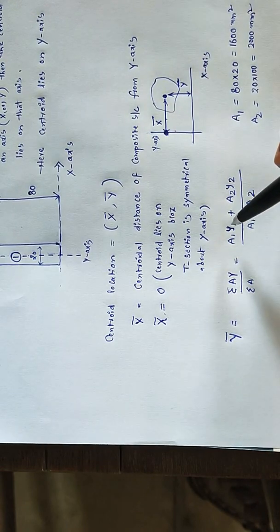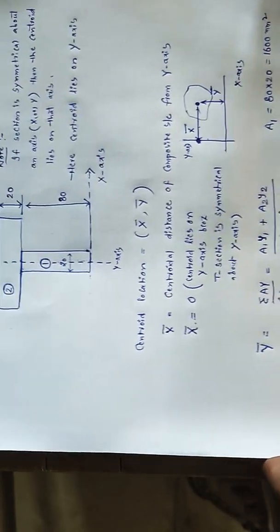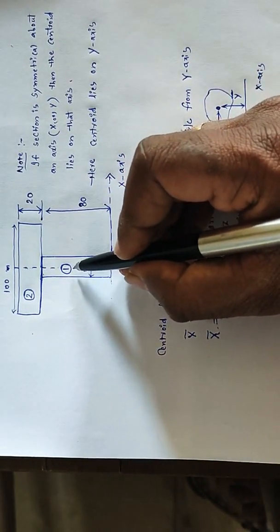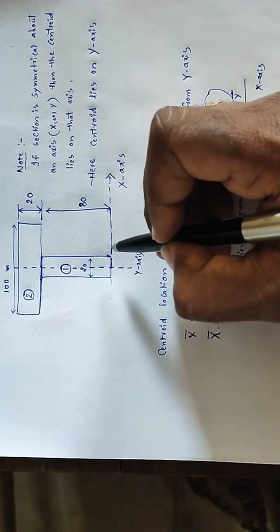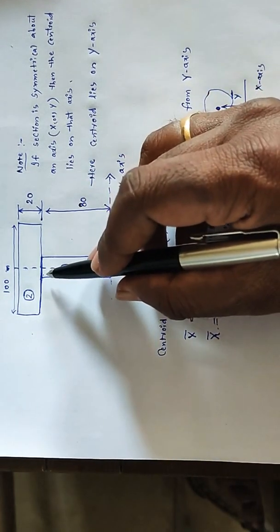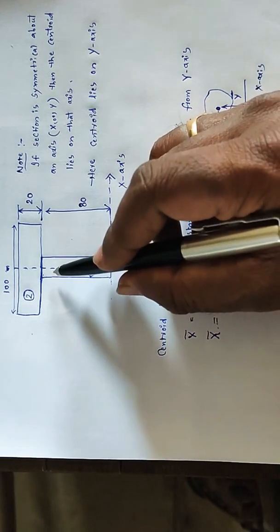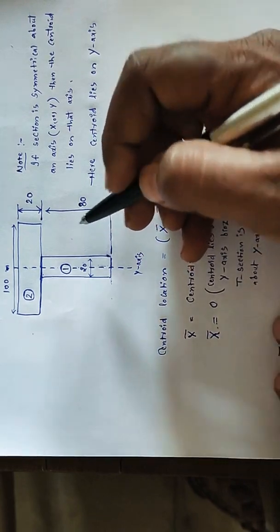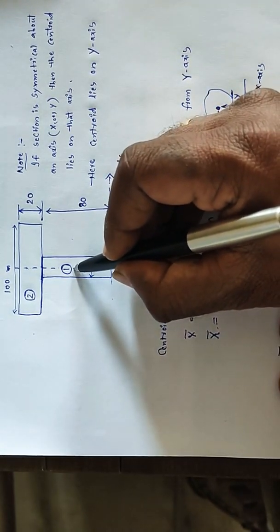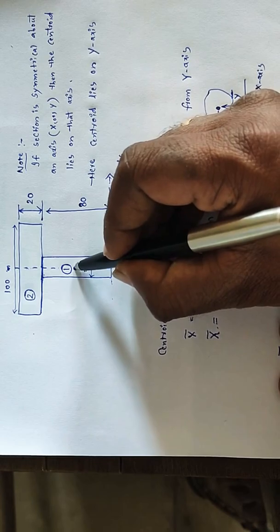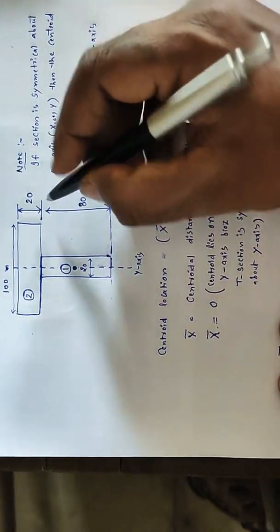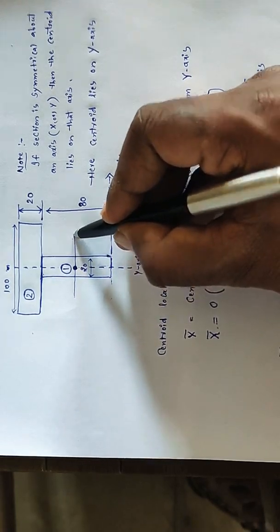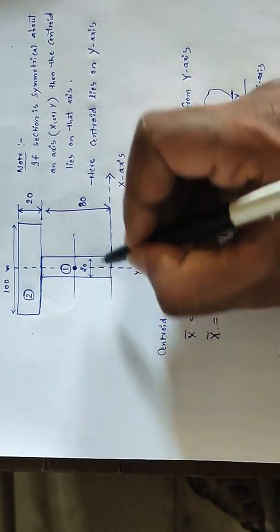Now we have to calculate y1 and y2. Here y1 means the centroidal distance of the first rectangle with respect to the x-axis. So now you have to consider only this first rectangle. For a rectangle the centroid lies at the center. This is the centroid for the first rectangle.